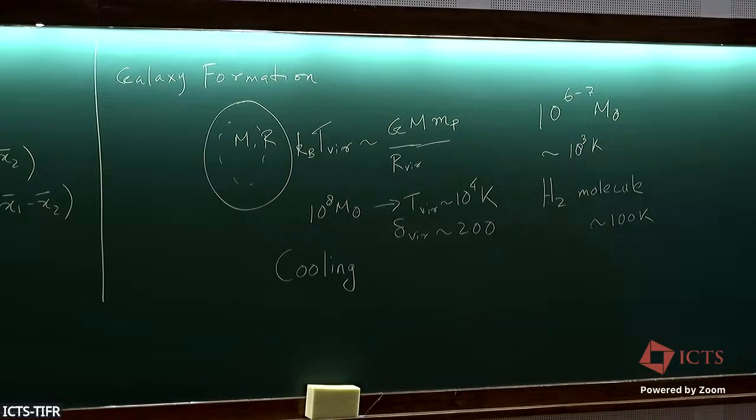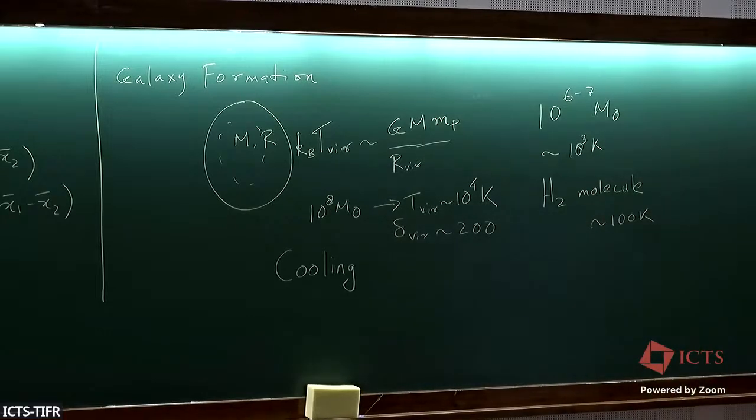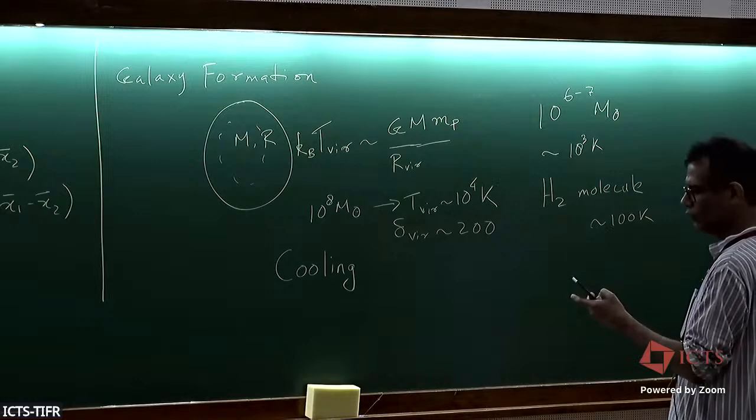Now, this competition between gravity and pressure is, in our earlier lectures, captured in a quantity called the Jeans scale. The same Jeans scale appears here, but in this case, it is easier to work with mass. Mass is nothing but you convert that scale into a volume and then to a mass and take the density of a typical halo. Okay.